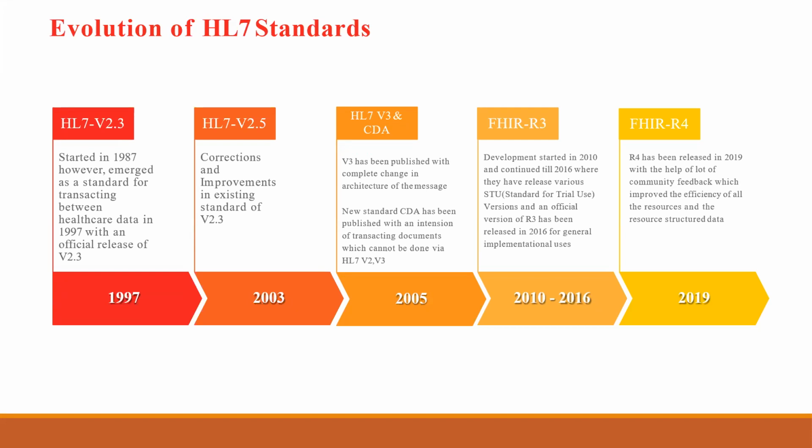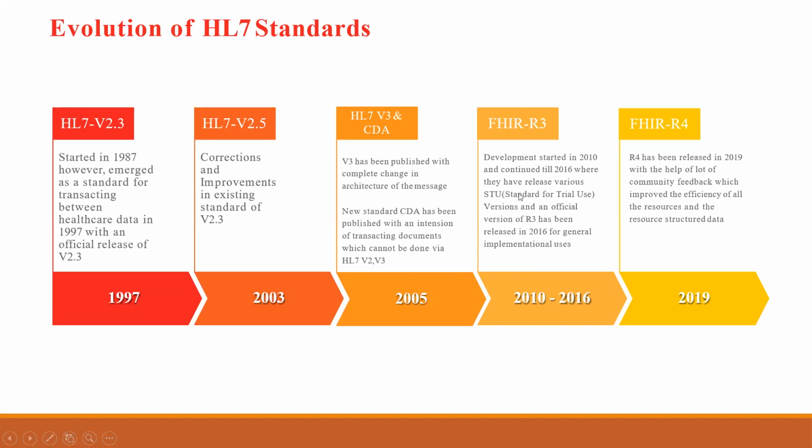They were drafting, writing, creating the various resources, discussing about the conceptual aspects of how FHIR should look like and all. And in 2019, they have released R4 version. R4 version is one of the most frequently or mostly used versions today. Okay, we are not using R3 and past standards anymore. R3 is nothing but they call it a standard for trial use.